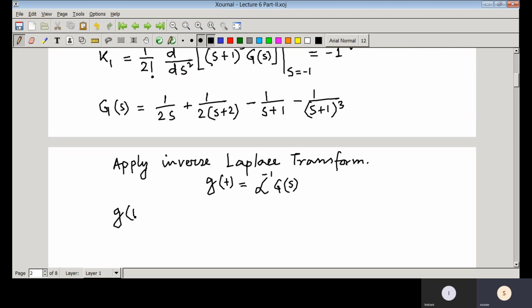So GT is equal to half, here you can see 1 by s, and from the standard signals that we have discussed, 1 by s is the Laplace transform of the unit step, so that is half u(t), then half e to the power minus 2t, then minus e to the power minus t, and for the last term we have minus half t square e to the power minus t. So this is that GT.